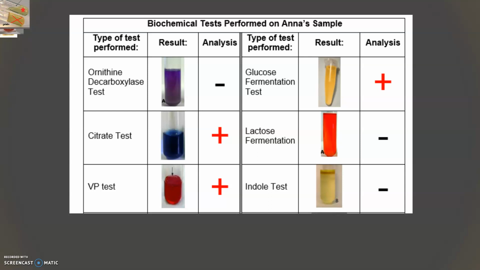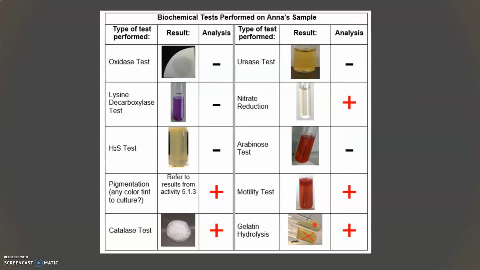Again, you don't need to know what those are in this case. You can see over here underneath analysis, it's going to tell you if it is negative or positive. If we were in school at this time, we would actually be testing Anna's sample, and we do have all these chemicals, or most of these chemicals, so we'd actually be doing these tests ourselves.